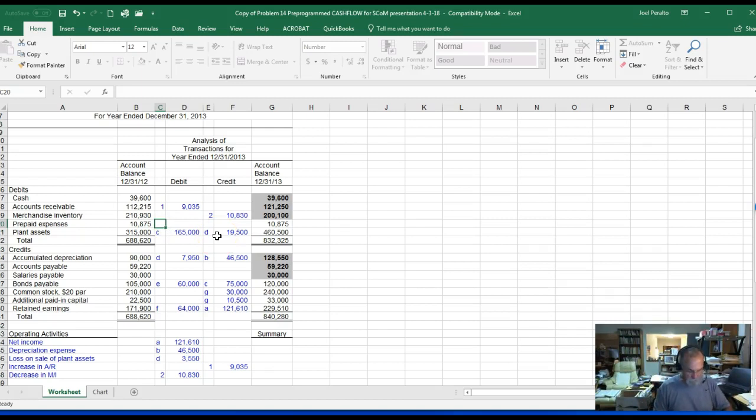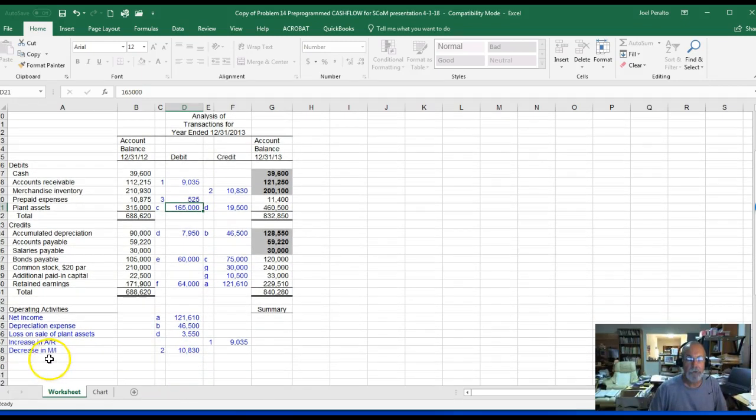That was a debit of 525. And so just as with the accounts receivable, when we show an increase in a current asset account, that represents a decrease in cash.